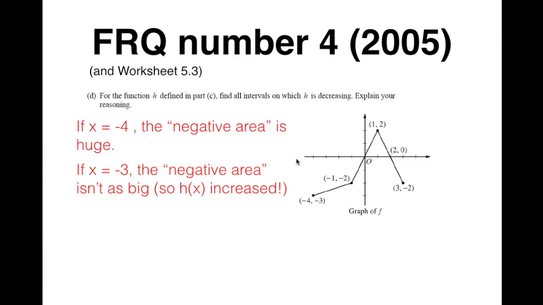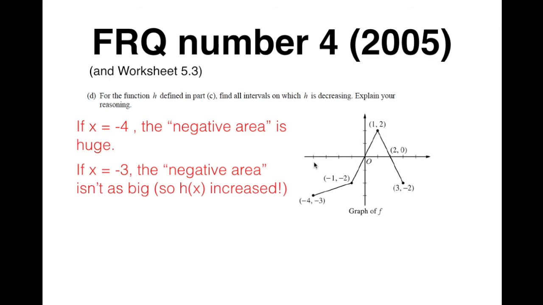If x equals -3, the negative area isn't as big, since I'm starting at x equals -3, and I'm integrating from here all the way to x equals 3. The negative part is slightly smaller, so h of x has increased.